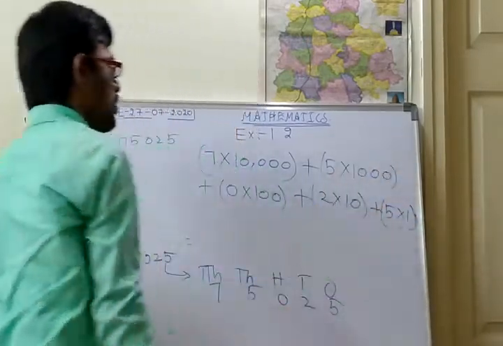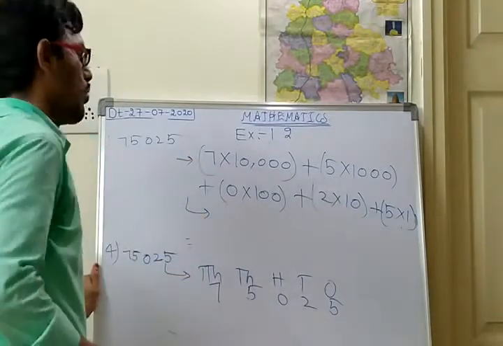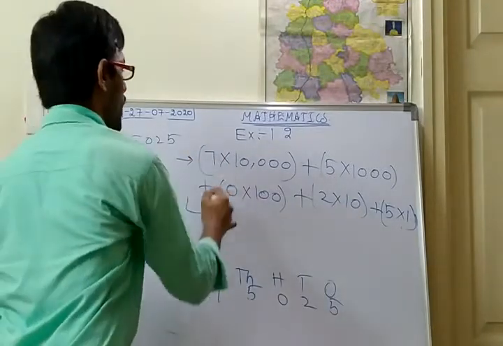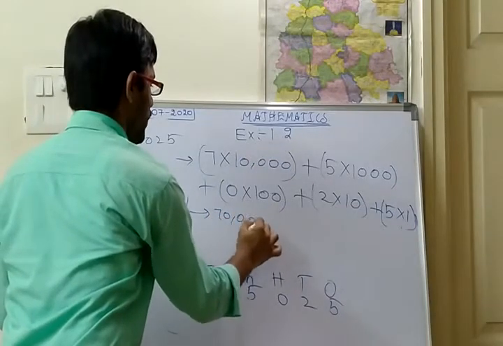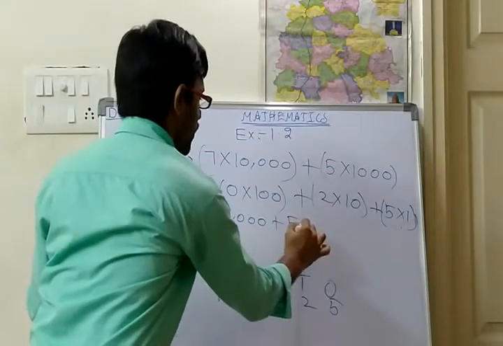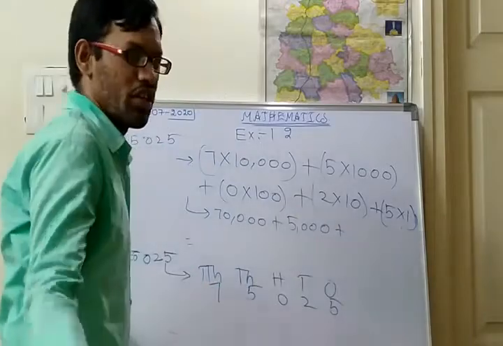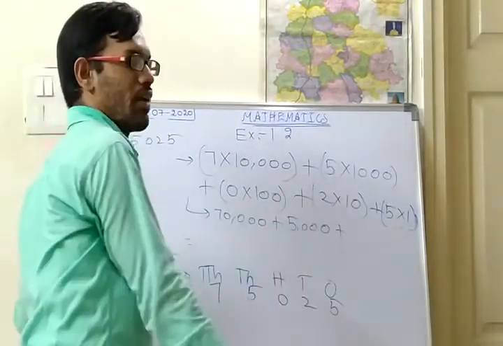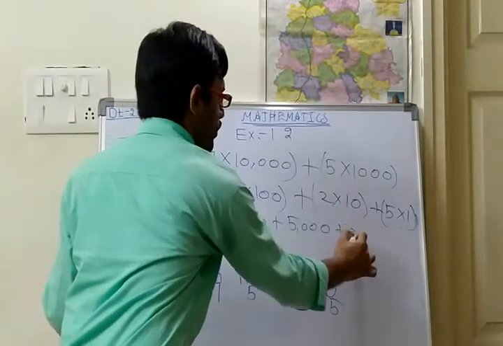So for this value, to write the expansion you should multiply. So 7 into 10,000, 70,000, plus 5 into 1000, 5,000, plus 0 into 100, 0, no need to write, skip that. Next plus 2 into 10, 20, plus 5 into 1, 5.